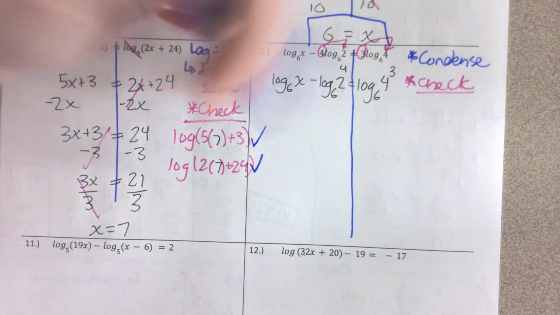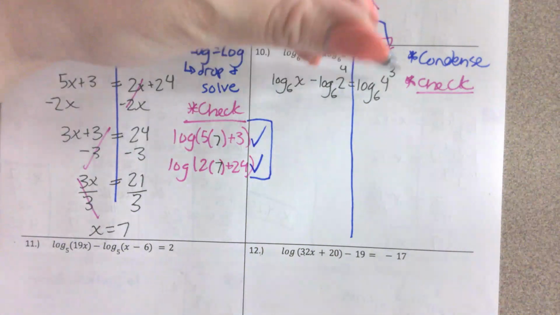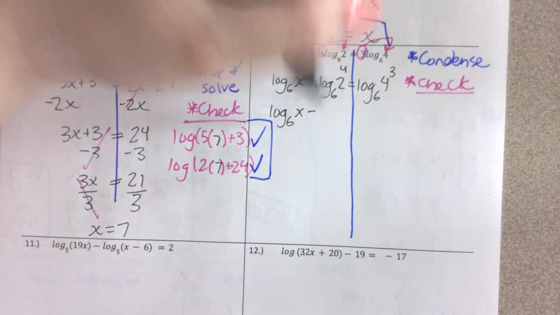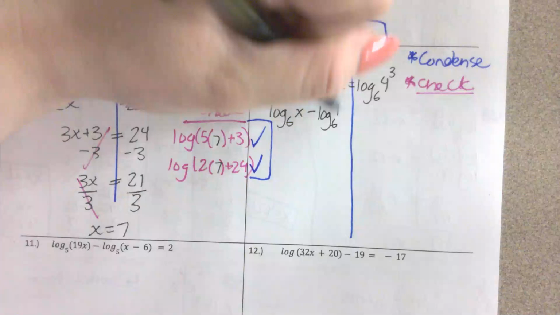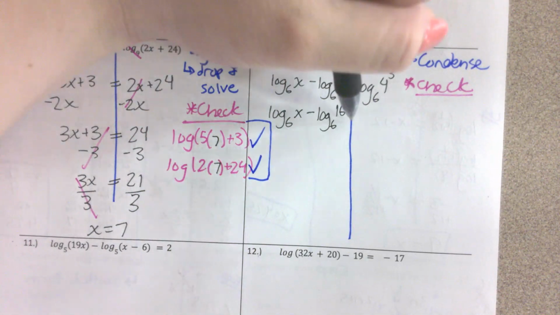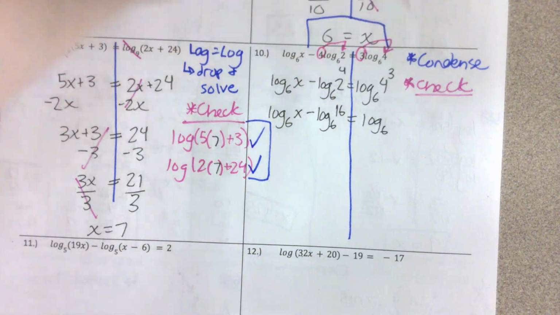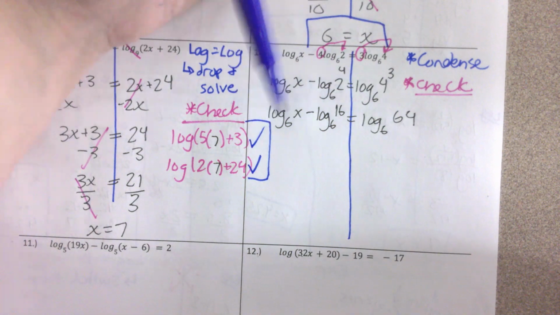Before I continue, I am going to go back in and replace the 2 numbers I just got with their actual values. Log base 6 of x minus log base 6 of 2 to the 4th is 16 equals log base 6 of 4 cubed, which is 64. We're still not done condensing.